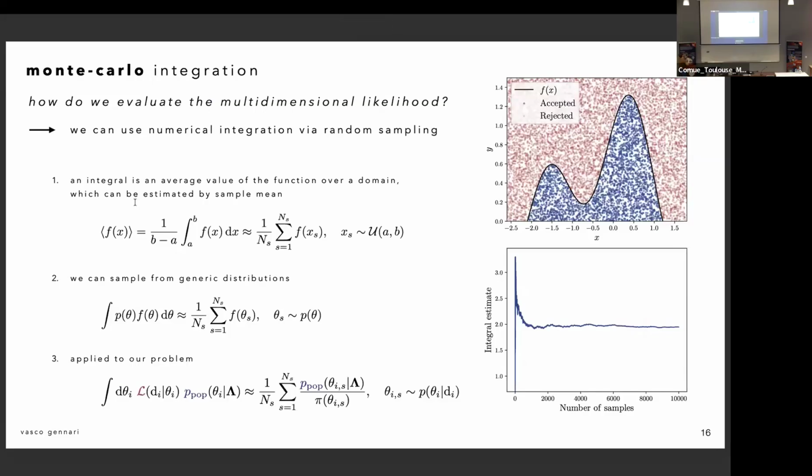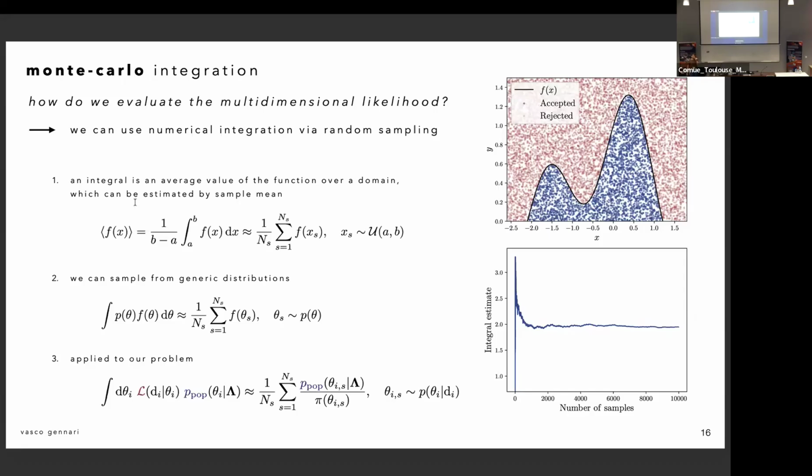Right, so the last thing, this is the last technical slide, let's say, is just to show you how these integrals are done in practice. Because we're talking about integrals in large dimensions, there is no hope you're going to do that analytically. What we do is compute them with numerical integration by random sampling.